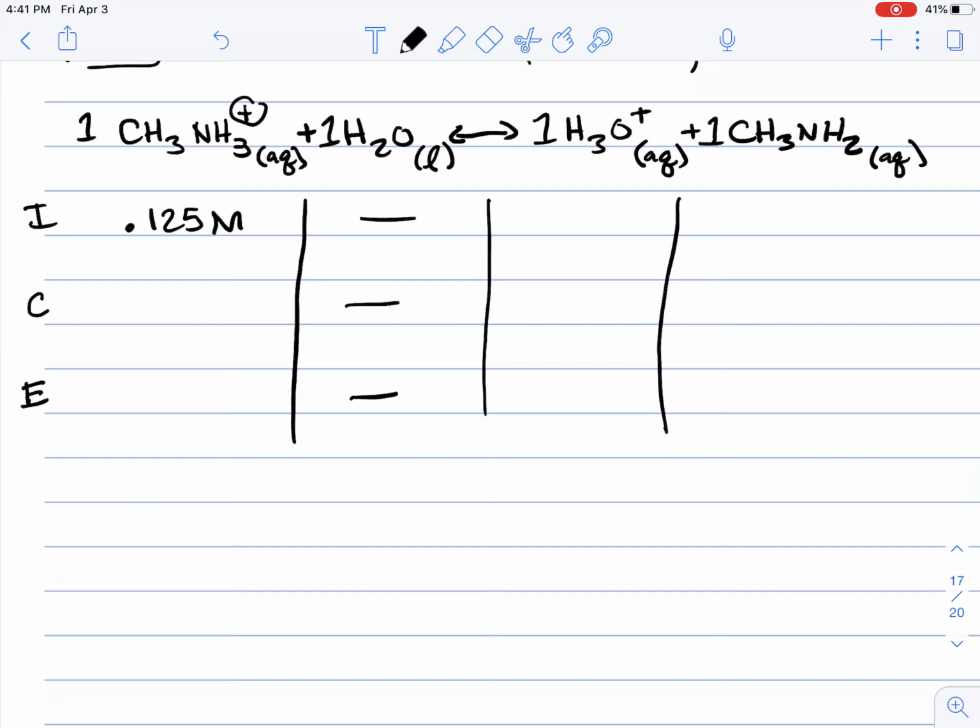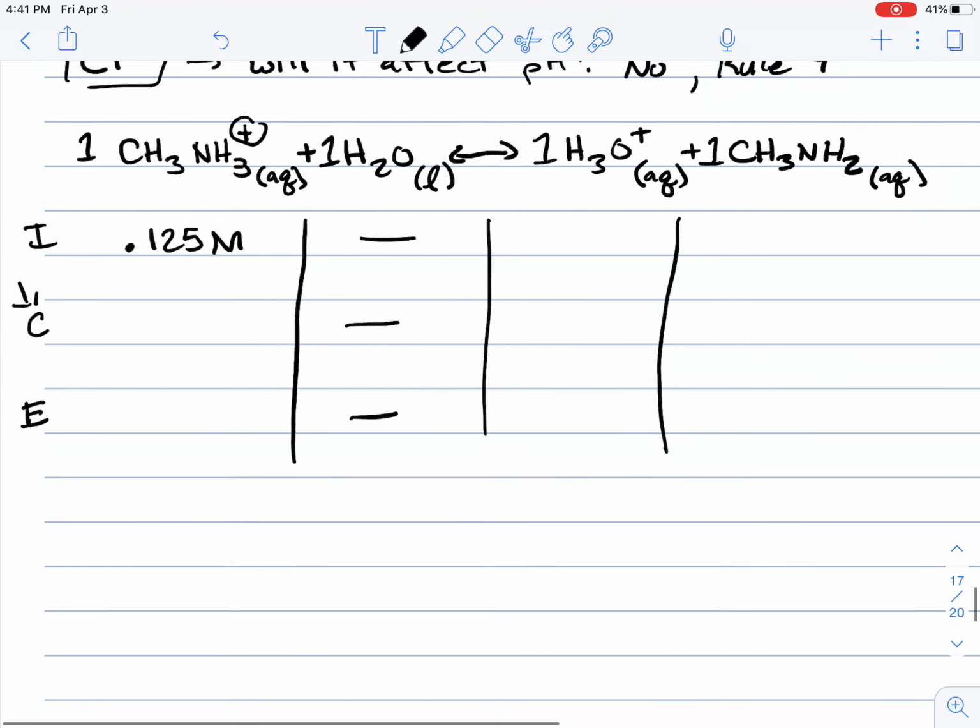And so let's talk about the change. The change can be either one of two items. It can be the initial concentration, or it can be minus X. And so here in this case, since methylammonium is not in our list of strong acids, then we can conclude that this is a weak acid.